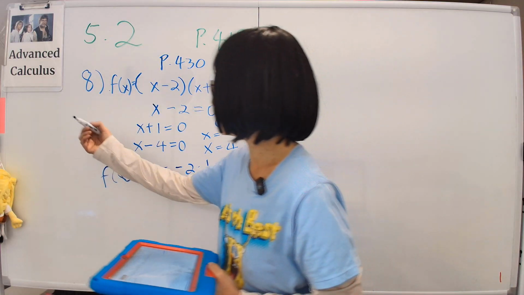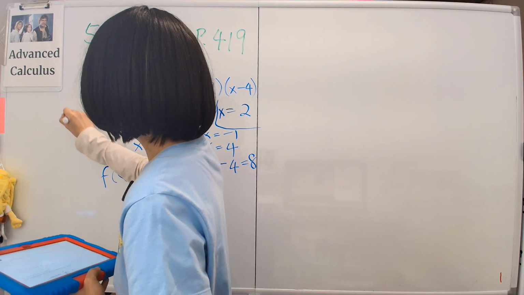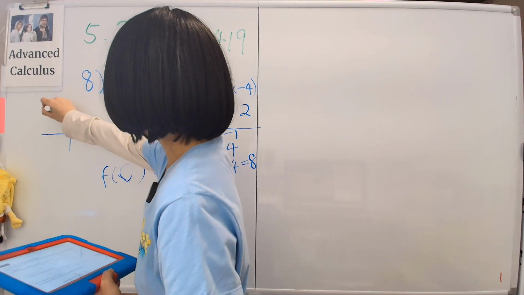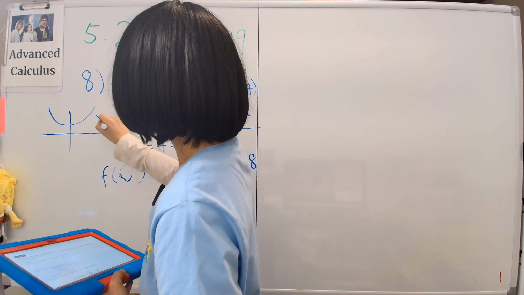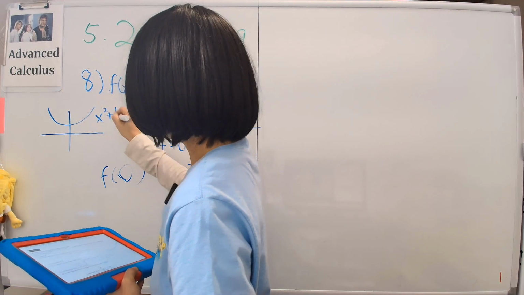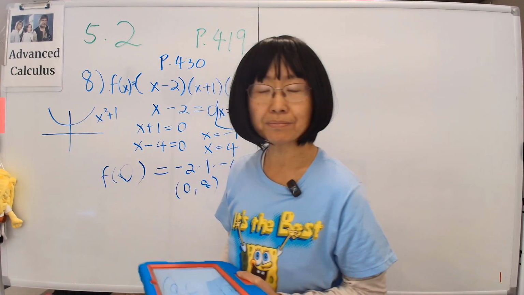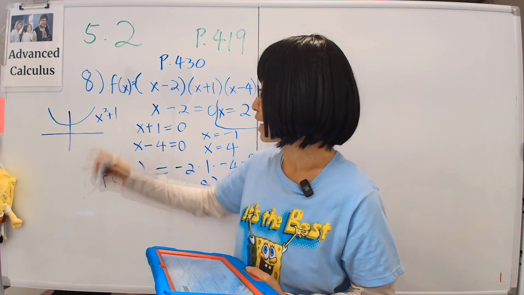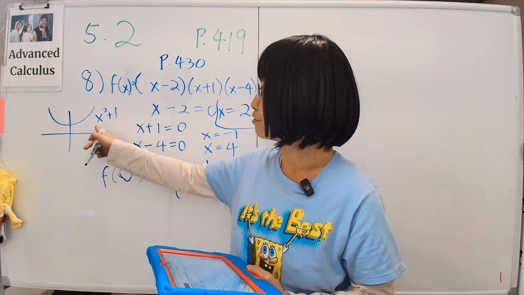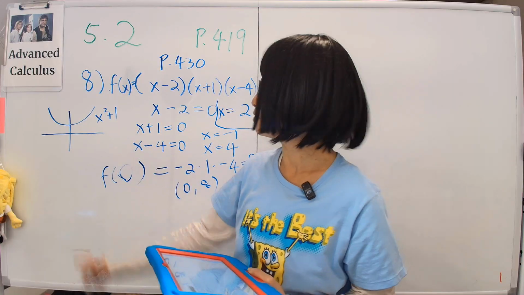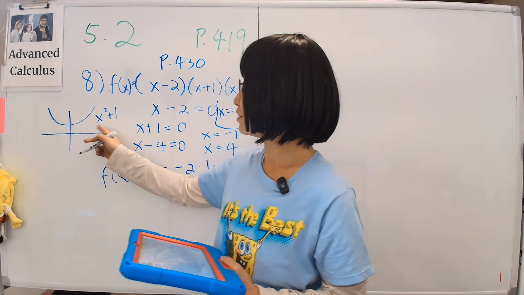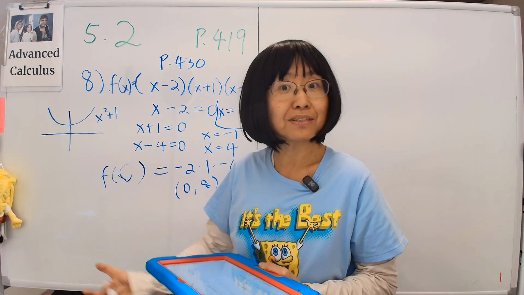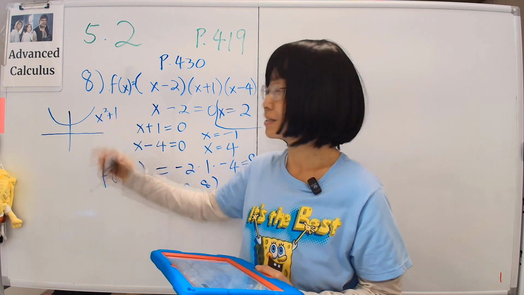Okay, for example, let's consider the function x squared plus 1. And x squared plus 1 doesn't ever become 0, because you're squaring a number and then adding 1 to it, so this whole function is at least 1. The lowest point will be 1, and after that, whether x is positive or negative, it will become more than 1 because you're squaring it.